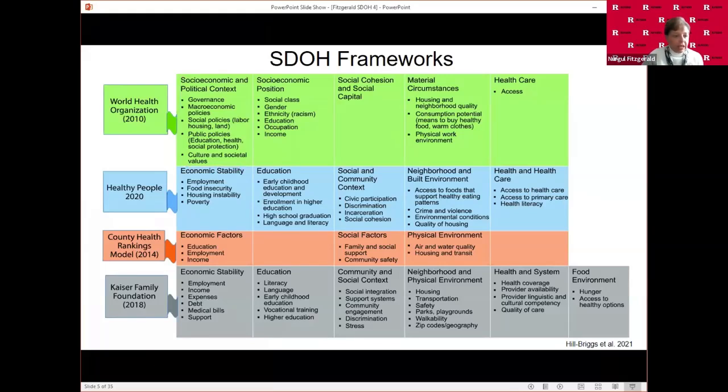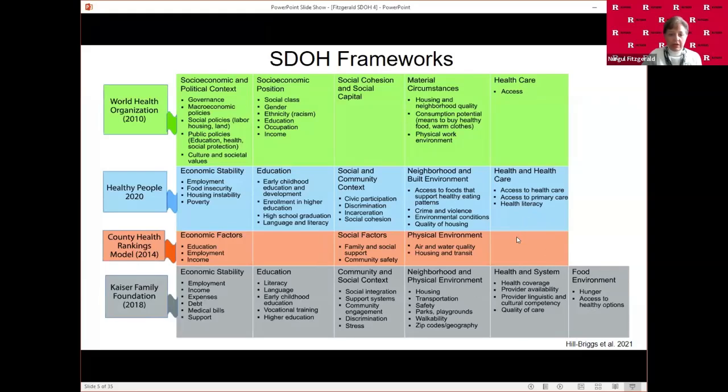factors. There are a couple, as public health professionals, you might be more familiar with other frameworks that might be used in county health rankings model or Kaiser Family Foundation models.